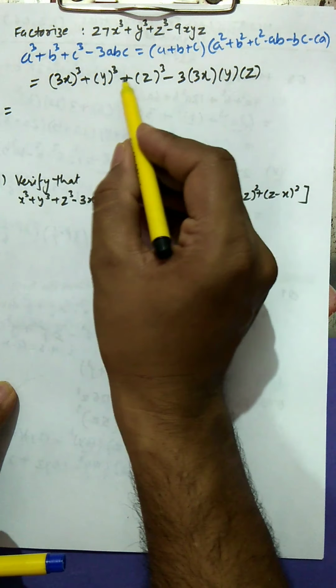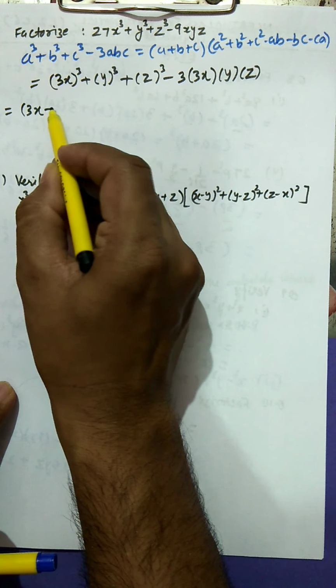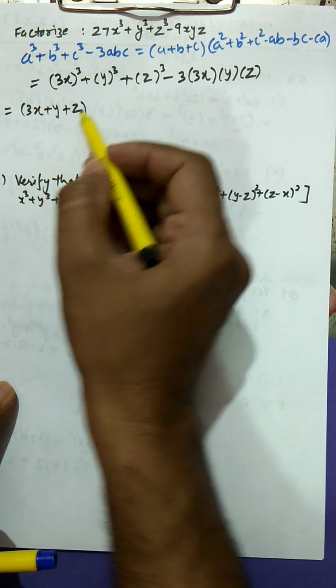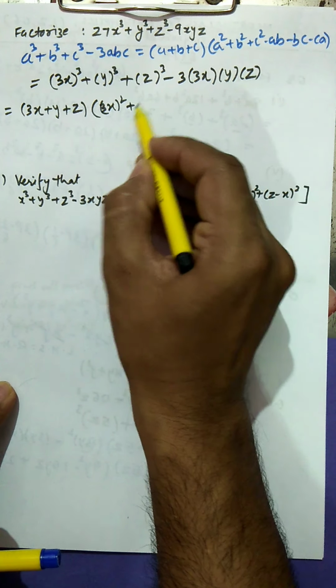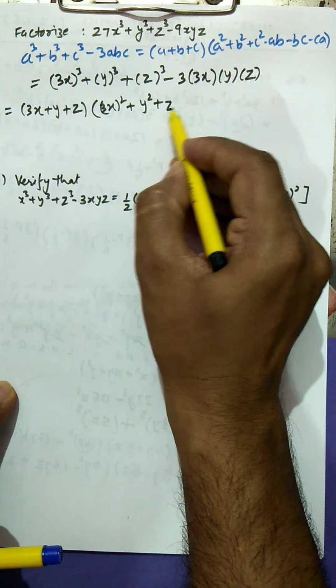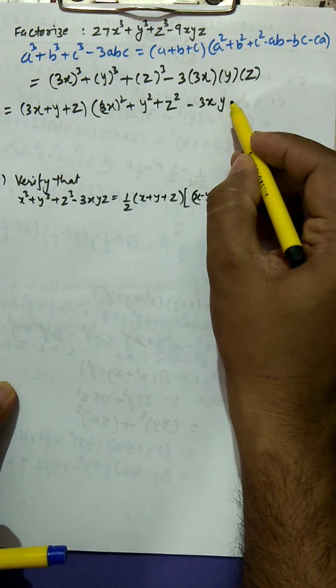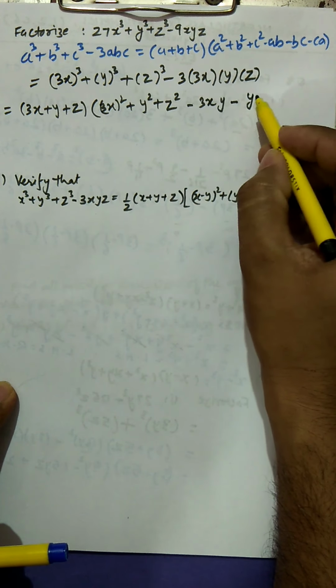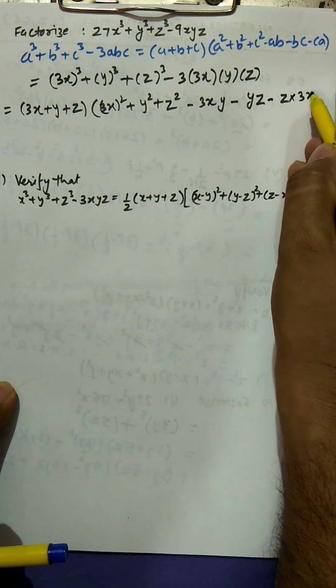Now apply this identity. According to this identity, this is a plus b plus c. So 3x plus y plus z, and bracket 3x square, y square, z square, minus ab, 3x into y, minus bc, means yz, minus ca, means z into 3x.